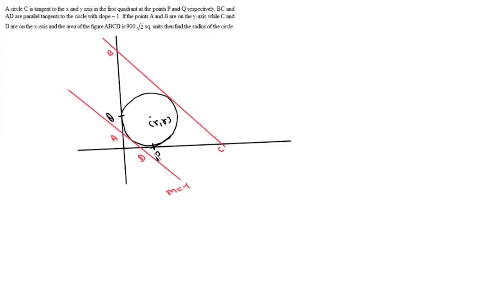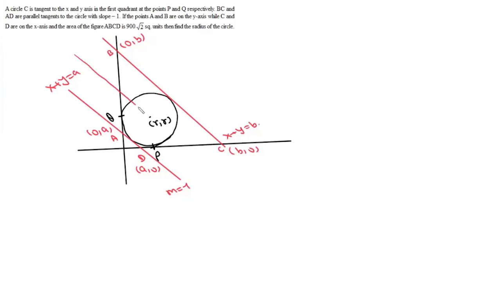Now since the slope is −1, this point is suppose (a, 0). So this point will be (0, a), and this is (b, 0), and this is (0, b). The equation of this line will be x + y = a, and this is x + y = b.